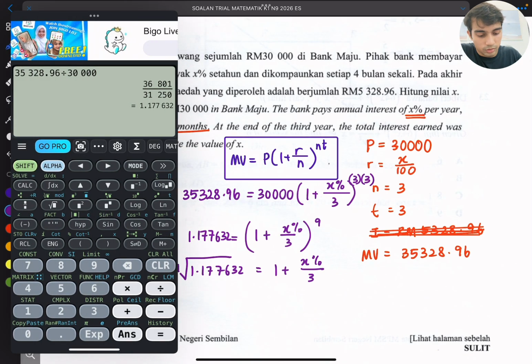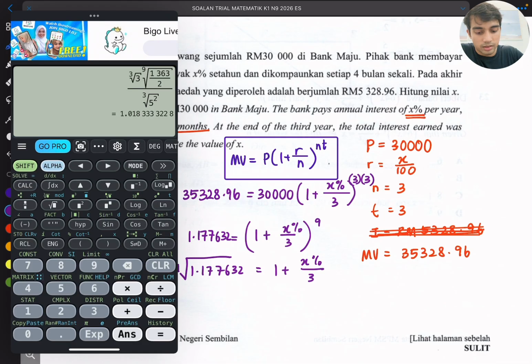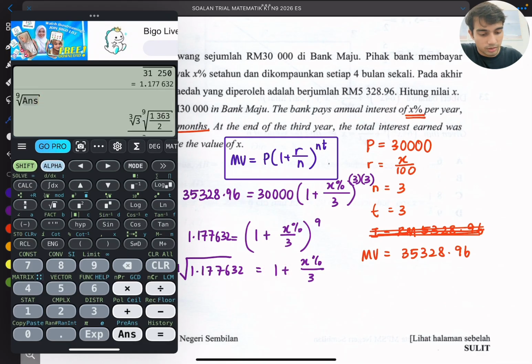So take the 9th root. We get this. And then the 1 we bring here will become minus 1. Answer minus 1, we get this. And then the 3 we bring there will become times 3.